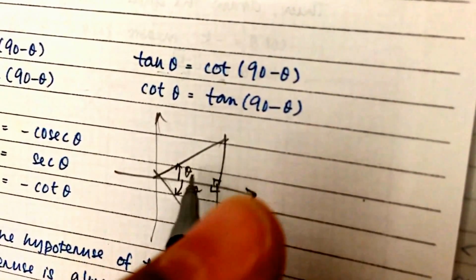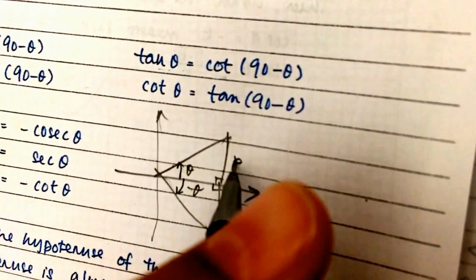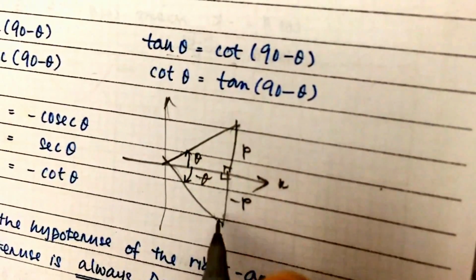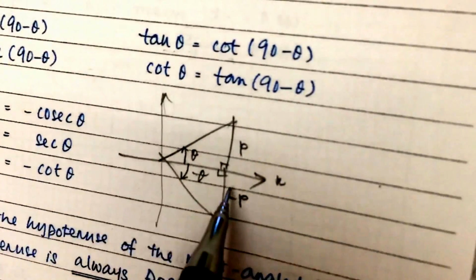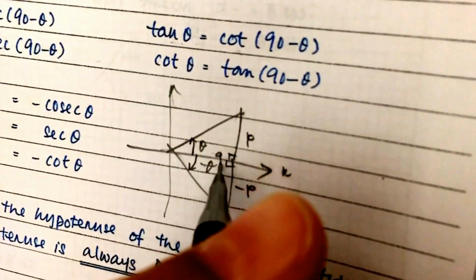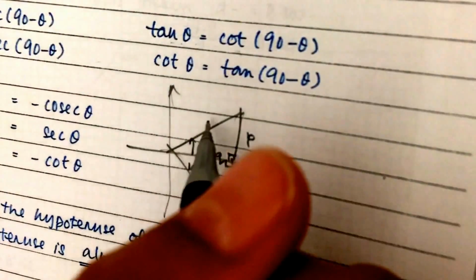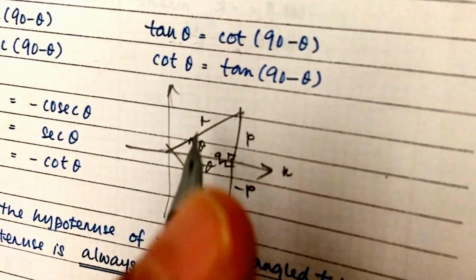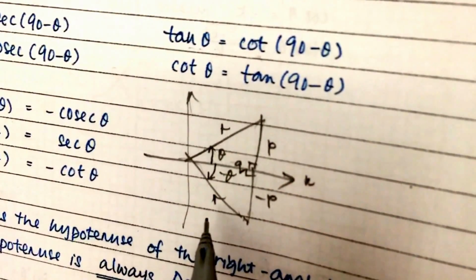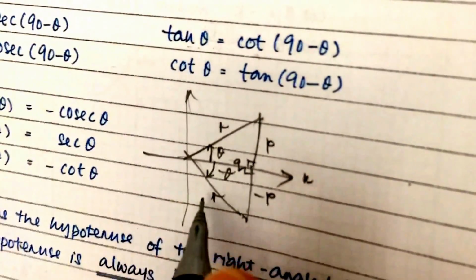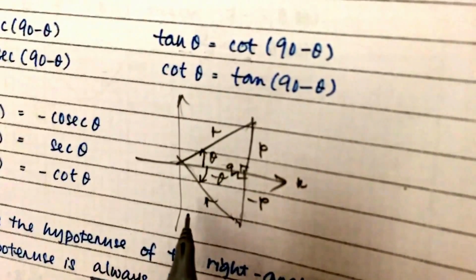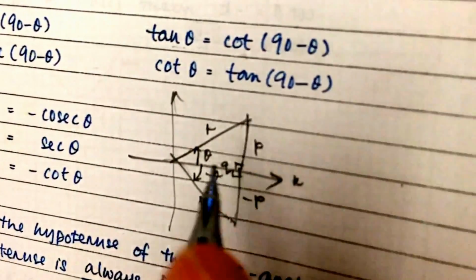Since this angle gives you this height P, and we impose it on the Cartesian plane, this will be negative P for the position. And this will be the adjacent, let's say I name it Q, and the hypotenuse is R. Now R will be the same because it works as the radius of the unit circle, remember? It doesn't have positive or negative, so it stays positive for both.